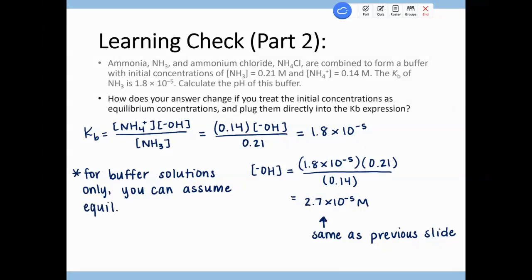You can assume for buffer solutions that equilibrium concentrations are nearly equal to the initial concentrations.